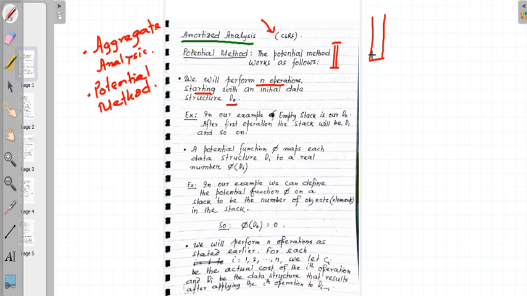In our example, we will be discussing amortized analysis again with the help of stack operations: push, pop and multi-pop. Here the example of D0 is an empty stack. That means whenever we start the sequence of n operations, initially the data structure is an empty stack.